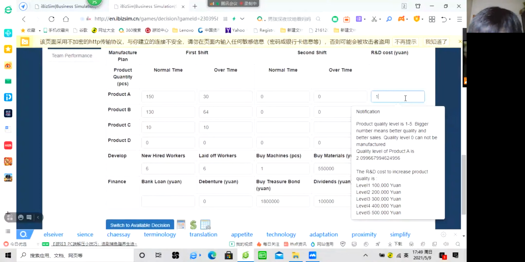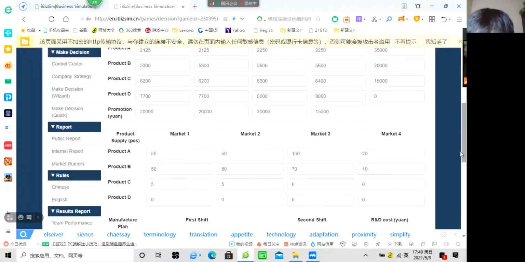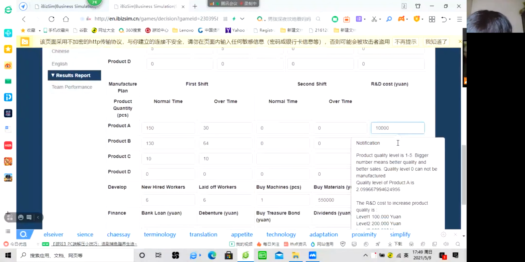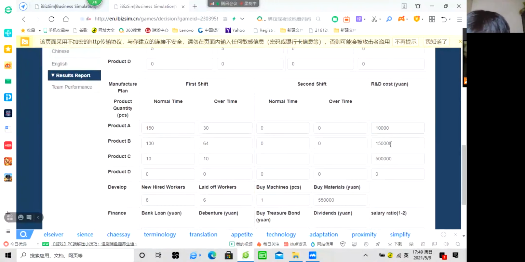So do you understand what I mean? This is correct data.